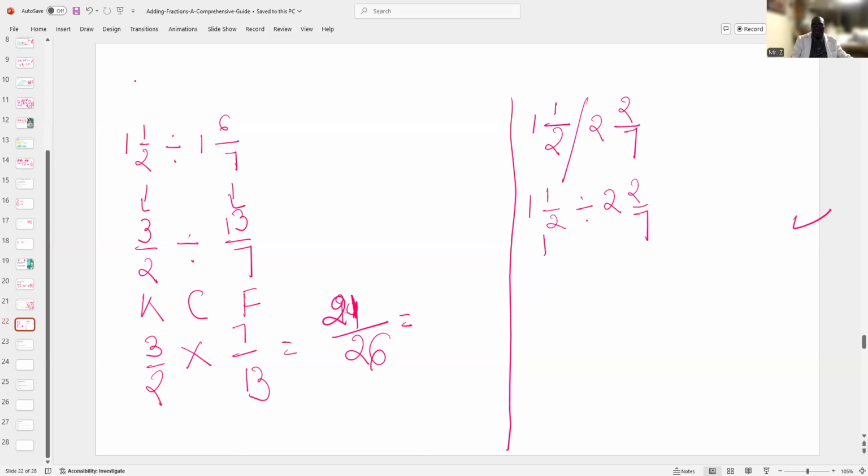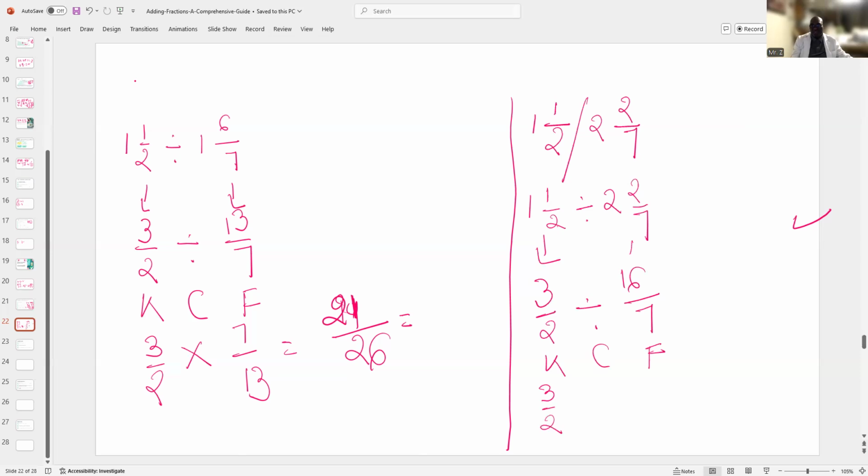So first thing, you gotta convert these to improper fractions. 2 times 1 is 2, plus 1, 3. So I got 3 over 2. Divide. 2 times 7 is 14, plus 2, you have 16. Remember, keep, change, flip. We're going to keep that one. It becomes 3 over 2.